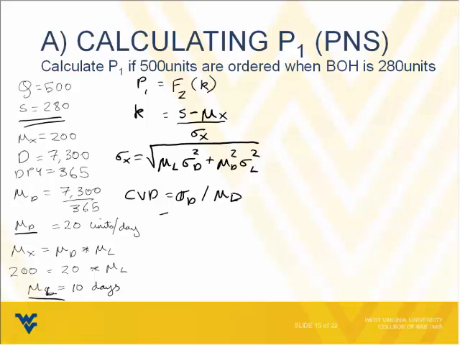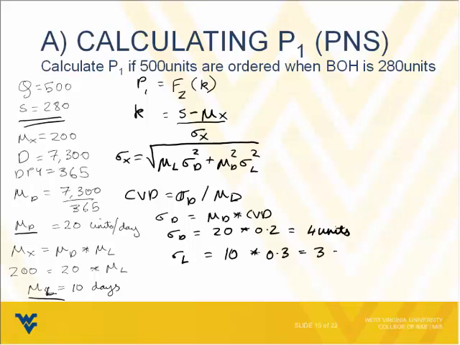So your standard deviation of demand is equal to the average of demand multiplied by this coefficient of variation of demand, which we know is 0.2. So it's 20 times 0.2. So your standard deviation of demand is equal to 4 units. And similarly, the standard deviation of lead time is equal to the average of lead time, which is 10, multiplied by the coefficient of variation of lead time, which is 0.3, which is equal to 3 days.